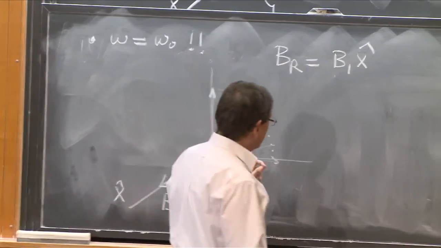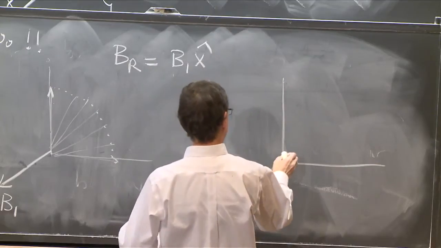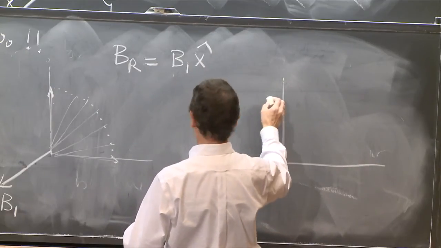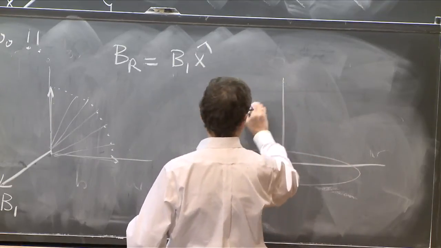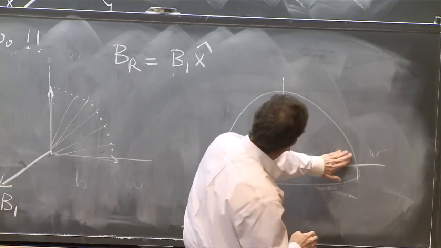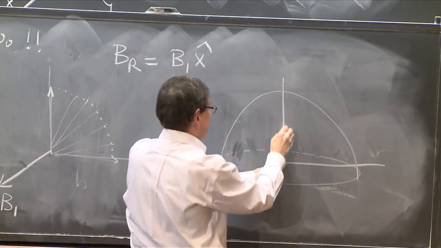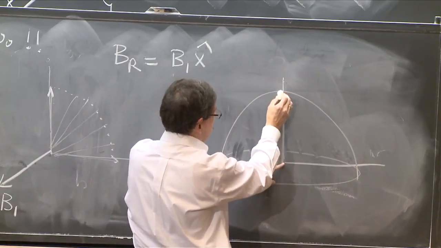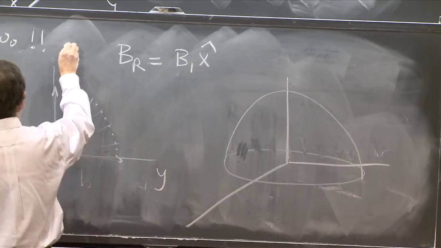And now what's really happening is the following. Let me draw this if I can. Here it is. The spin is up, and it begins to go into the y-axis. Here is z.